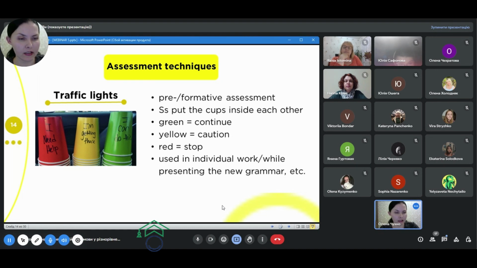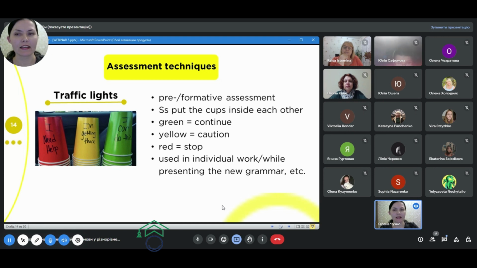So what do you do when you use this technique? You give your students three cups of three colors: red, yellow, and green. Students put the cups inside each other, showing that they either understand everything you are saying, then they will show the green cup.